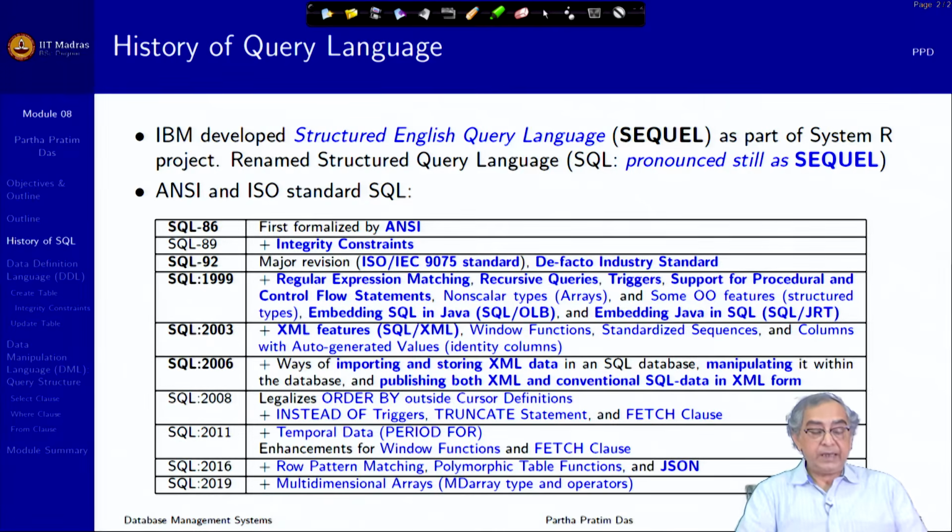So, what we see in this list, and you will see that I have bold faced some of the version numbers, because they have had more impact or they have added more fundamental features to the language. Naturally, SQL 1999, you can understand that this was getting close to year 2000.